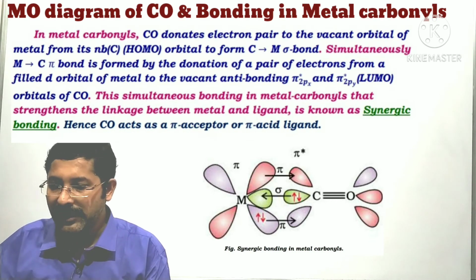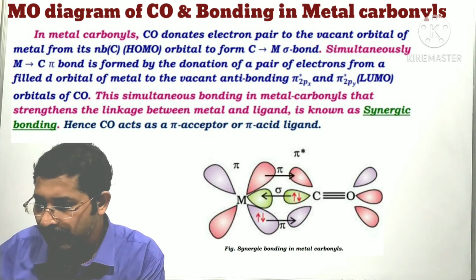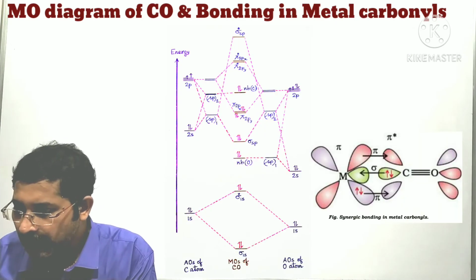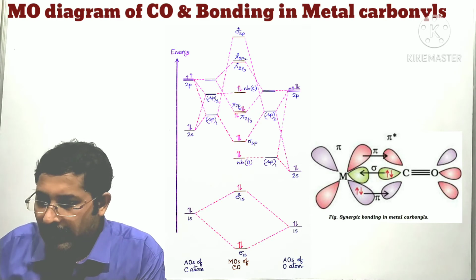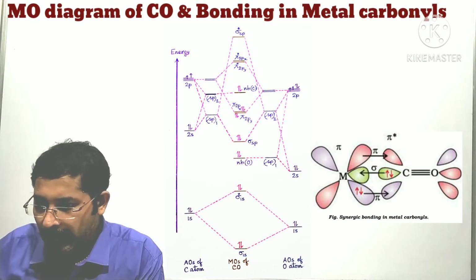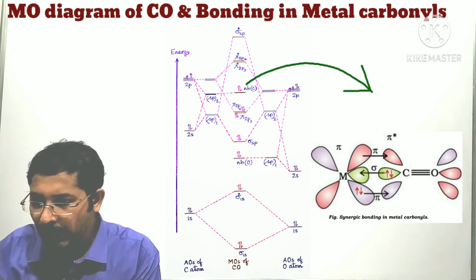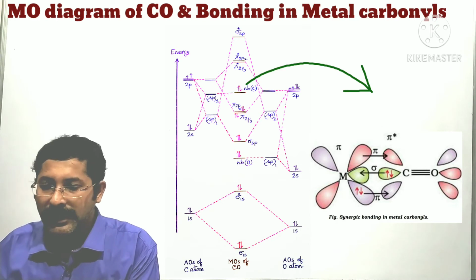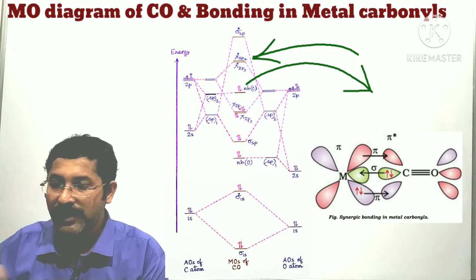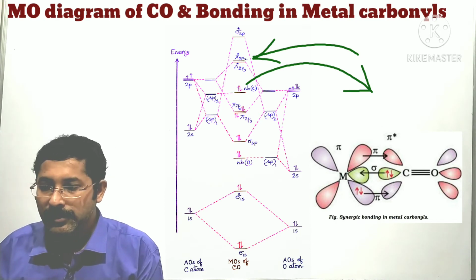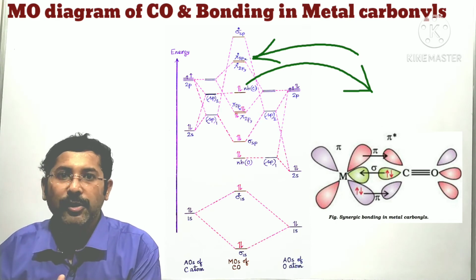I want to explain this with the molecular orbital diagram. Take a close look here. This carbon donates the electron pair from this non-bonding orbital and it takes up the electron pair from the metal in its pi star antibonding orbitals. So the simultaneous bonding occurs.